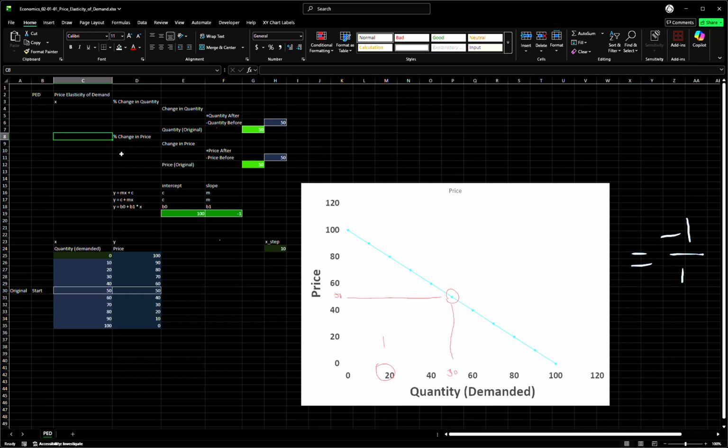Because the price after corresponds to the quantity after, we can either look up the table here, where the quantity is 70 and your price is 30, right? Or we can also use a formula. You can either use the formula or look up the table.